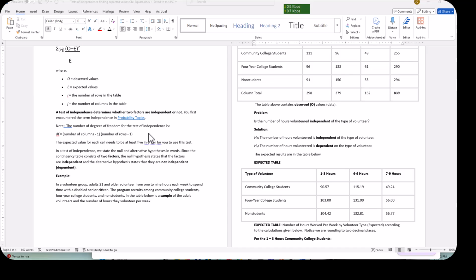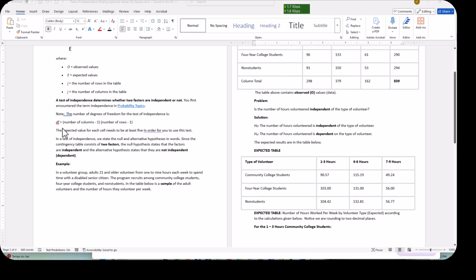I think StatDisk gives that to you. If not, this is what it is. The expected value for each cell needs to be at least 5 in order for you to use the test. And I don't think I give you one there that's less than 5.